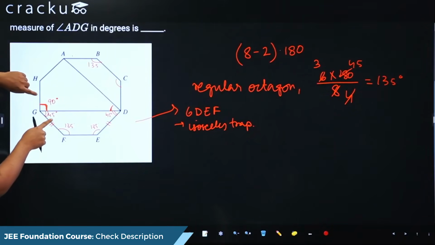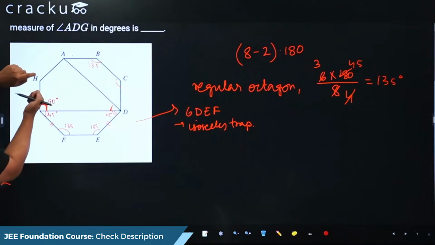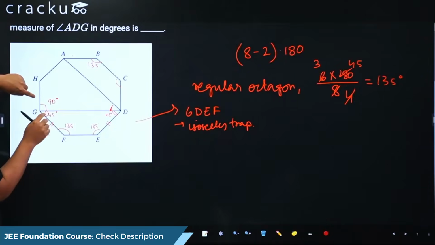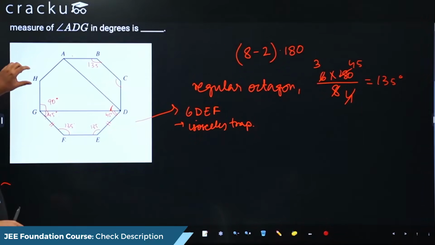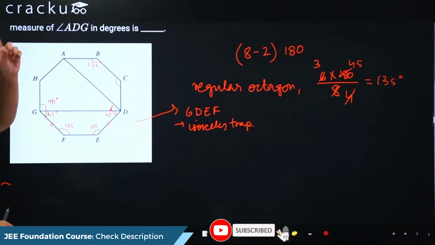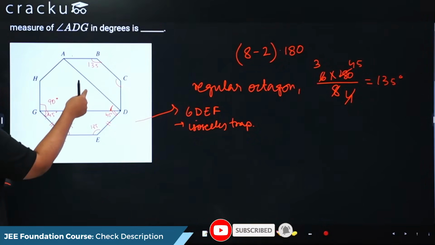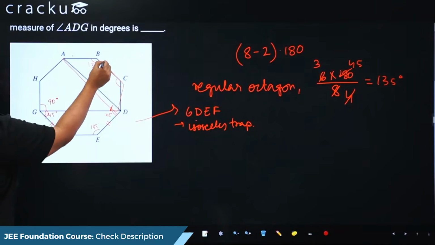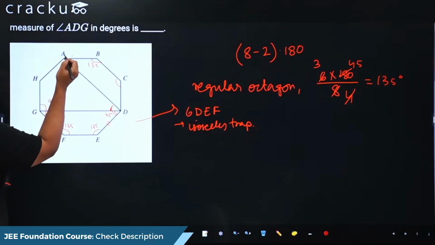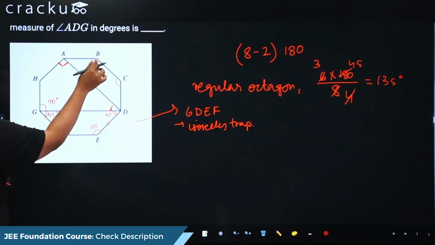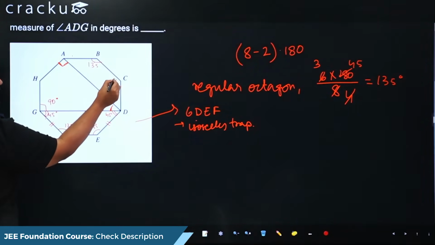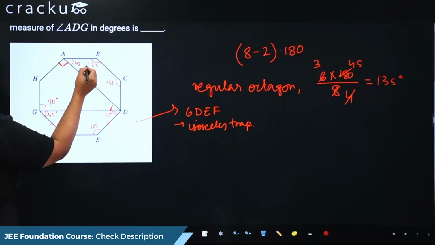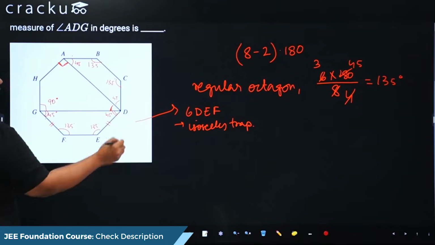Because this whole angle is 135, and this is 45, so subtracting, the remaining is 90. Similarly, if I take this trapezium, I can also show this one is also 90, because this is 135, this is 135, which means this is 45 and this is also 45.